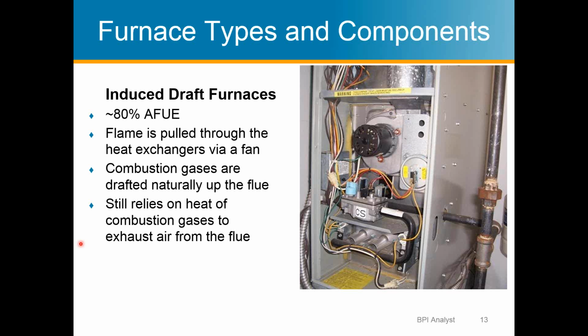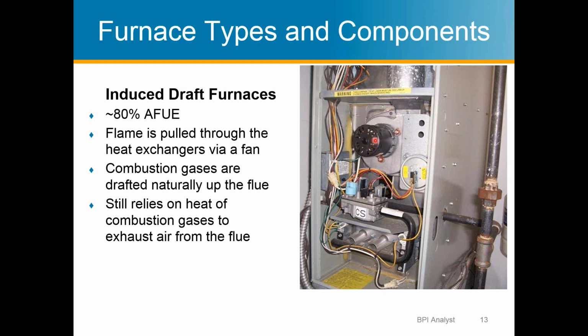It's called an induced draft, and this right here is a picture of the inducer motor. So your burners are here. There's the heat exchanger inside that operates just like the one I showed you, where it's going to serpentine back and forth until it's going to exit here or somewhere up here. So this is your exhaust collecting and going out.